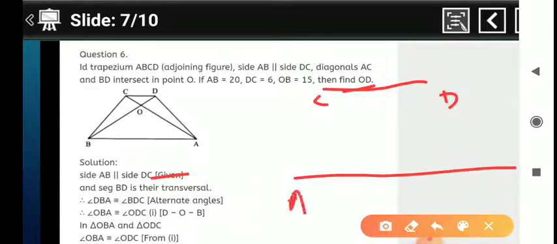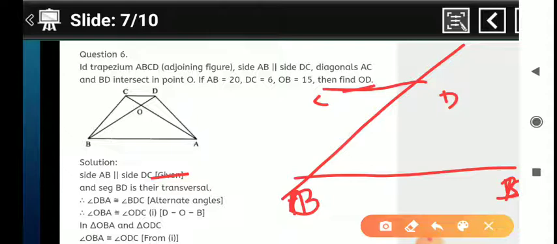Here is point B and on the right side there is A. So segment BD becomes a transversal for these two parallel lines.